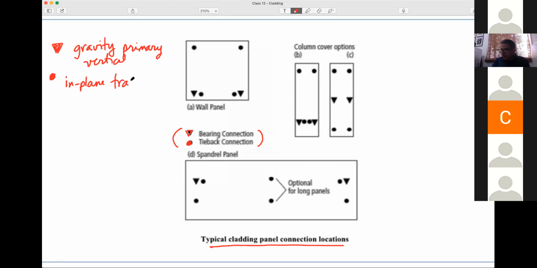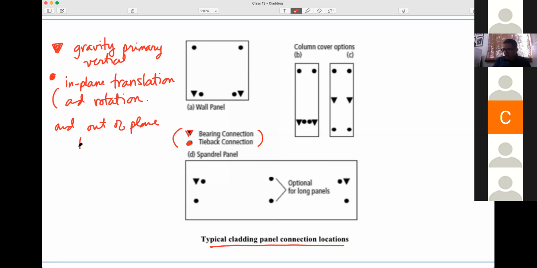It's going to sound like an engineering course here. Translation and rotation. Perhaps back in your structures class, it spoke about translation, degrees of freedom, right? Translation and rotation. And so we're going to break these up into in plane and out of plane.